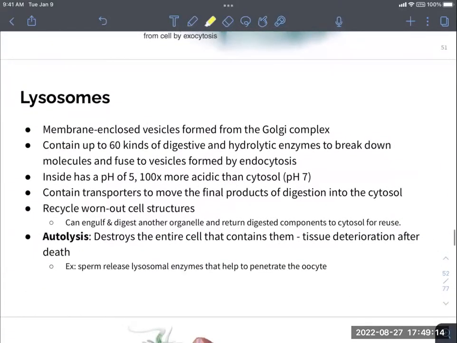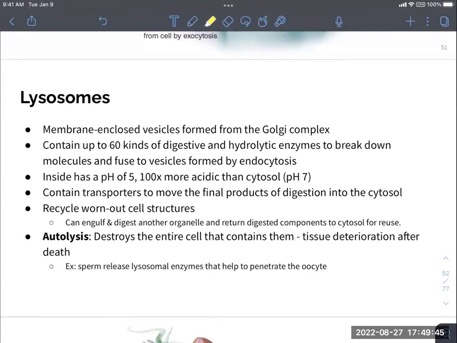Now our lysosomes. Our lysosomes are membrane enclosed vesicles that are formed from that Golgi complex. They contain different digestive and hydrolytic enzymes. They are used to break down some molecules, and they will digest worn down cells.